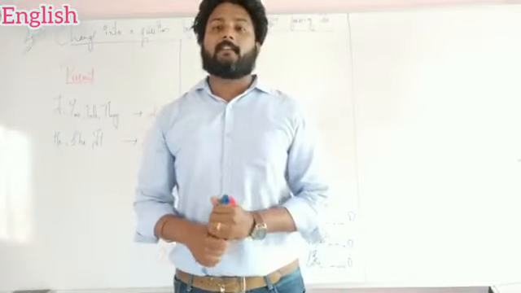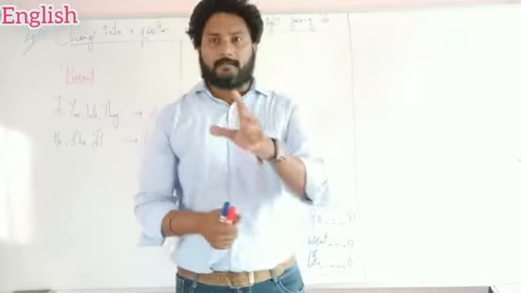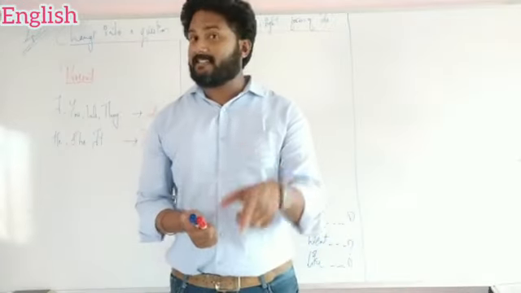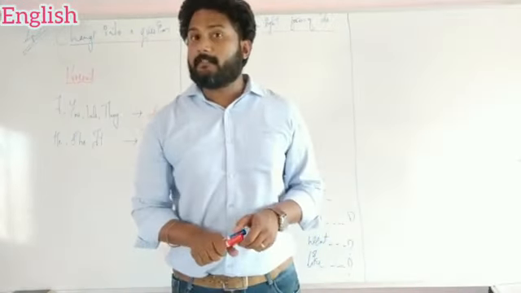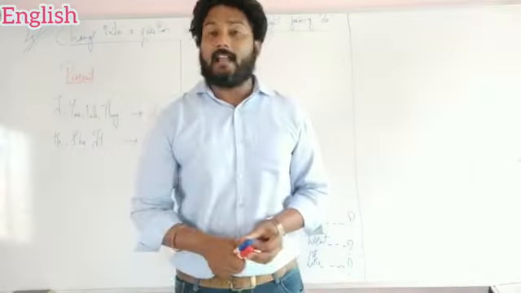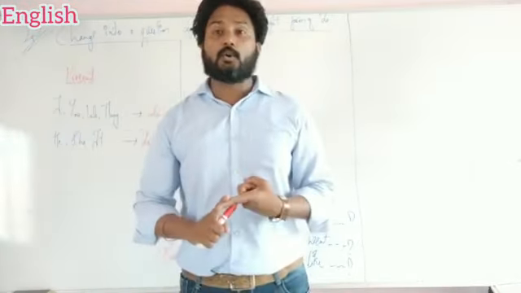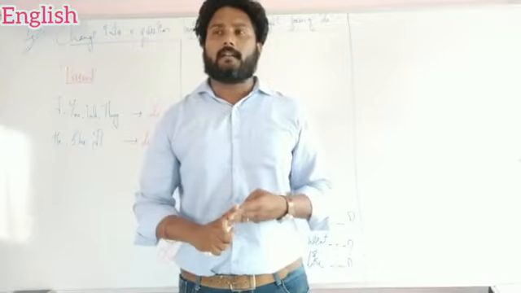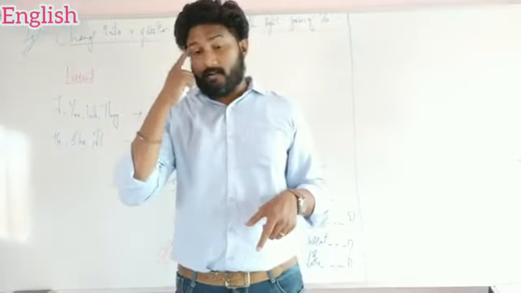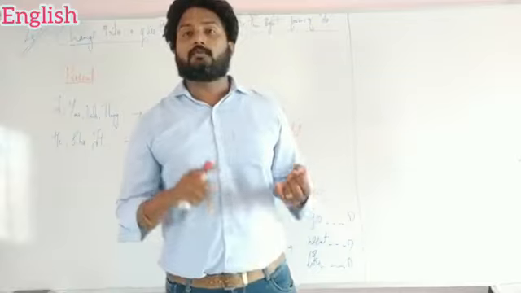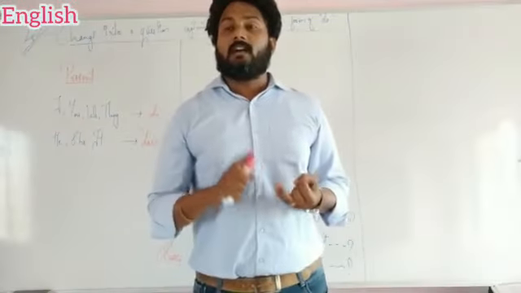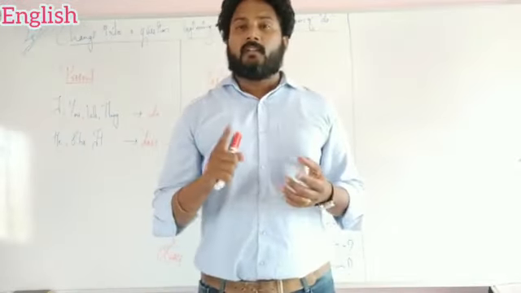In the previous video on question tags, there is one rule: in the absence of auxiliaries, that means helping verbs, we should use 3 words. Those 3 words are do, does and did. I also gave a rule on where to use do, does and did.